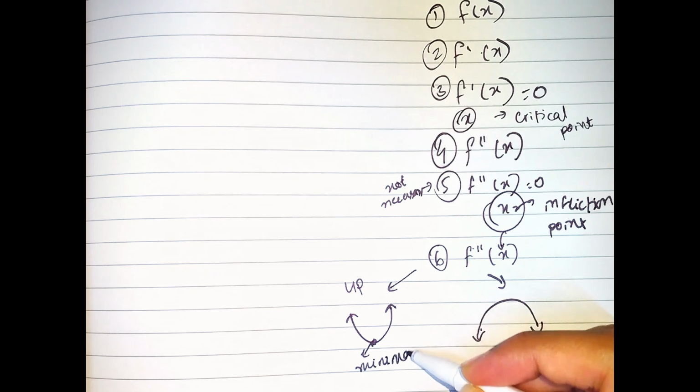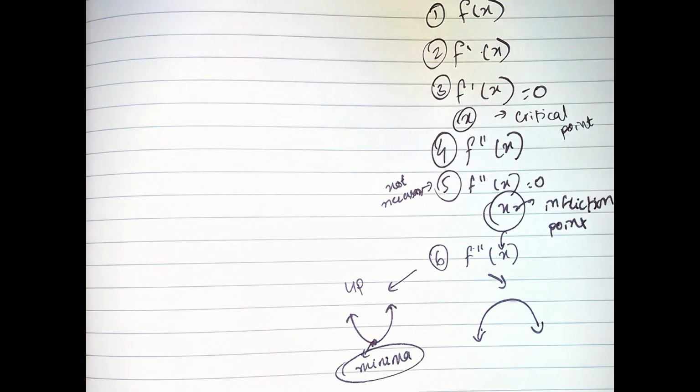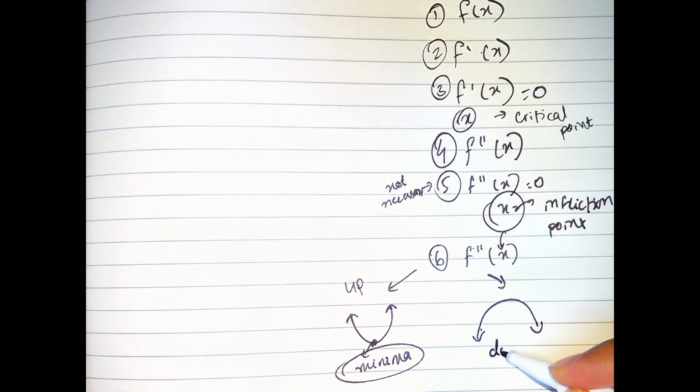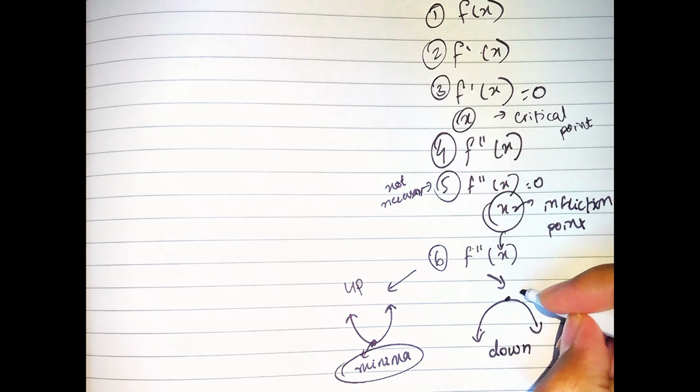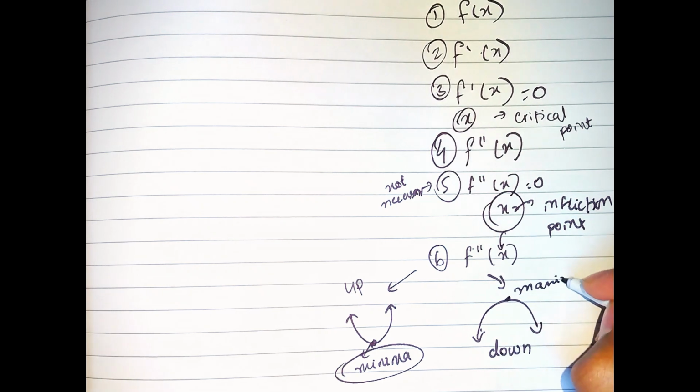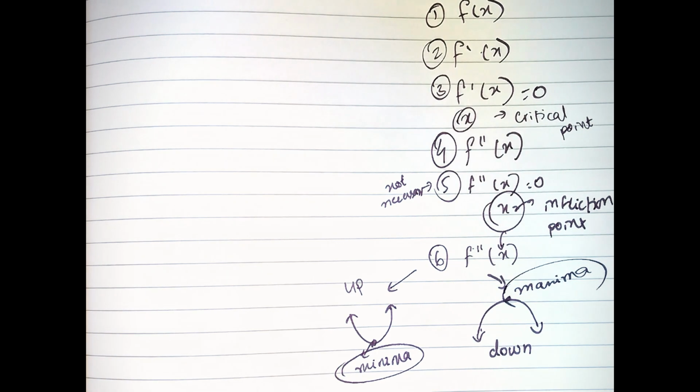This is a very important thing because the graph is opening up and you are getting the least possible value for the function, okay, the minimum. And then if the graph is concave down, which means that its mouth is opening downward, at that point you will get the value of maxima, the highest possible value the function can attain.